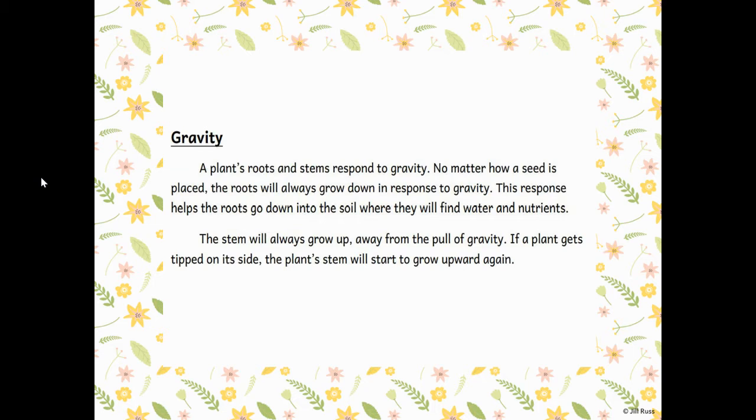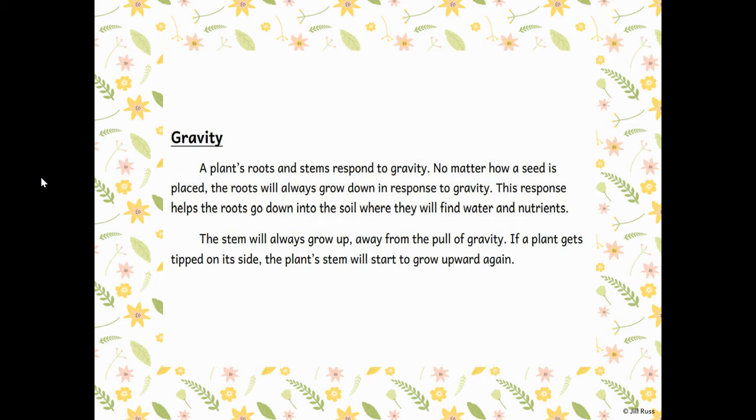A plant's roots and stems respond to gravity. No matter how a seed is placed, the roots will always grow down in response to gravity. Let's read that sentence again. No matter how a seed is placed, the roots will always grow down in response to gravity.